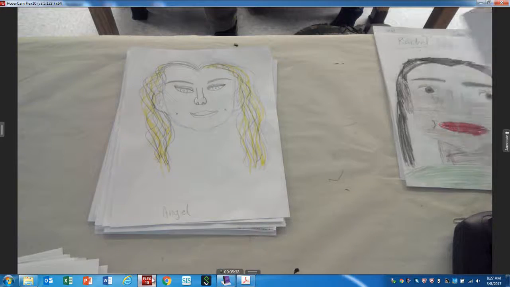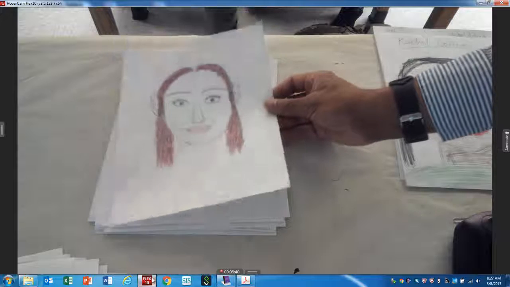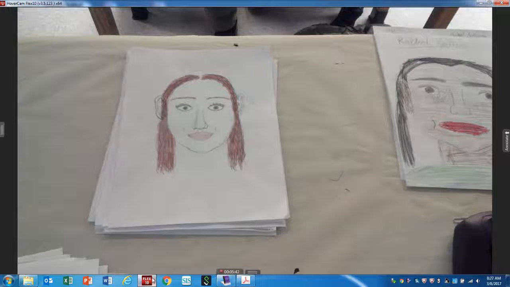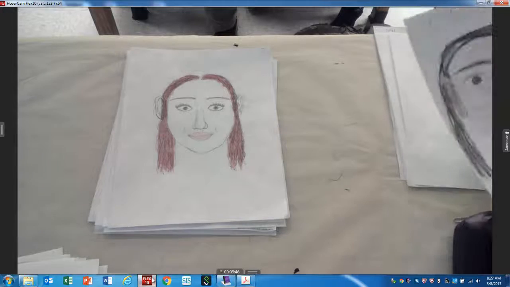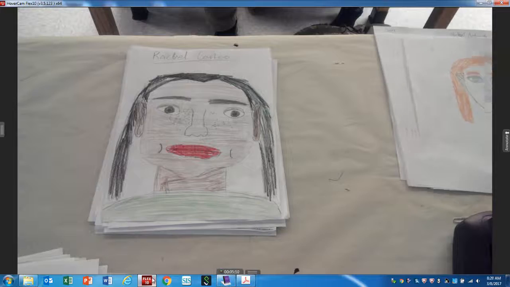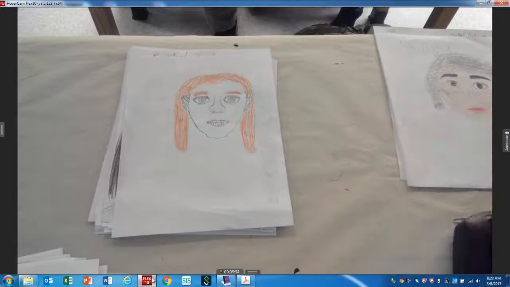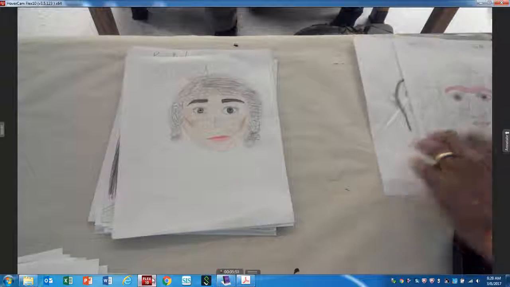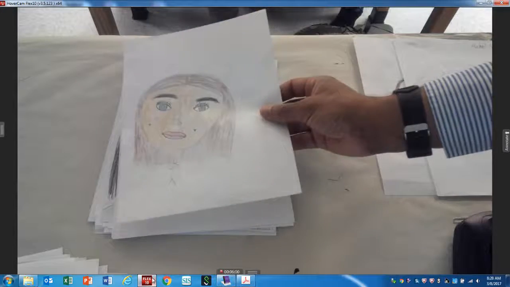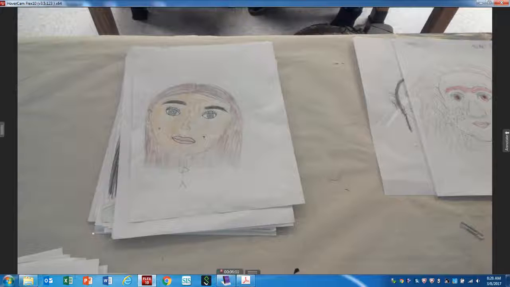Now, this is someone from 7th period. They actually look very similar to the mom. I'm not going to show you the picture of the mom. Again, this is a simulation only. Again, you can see the spacing. All right. This one decided to make it into a caricature and give them a little tiny body.